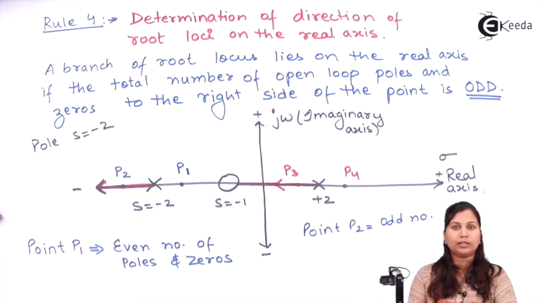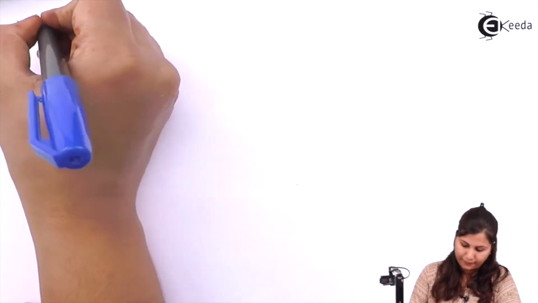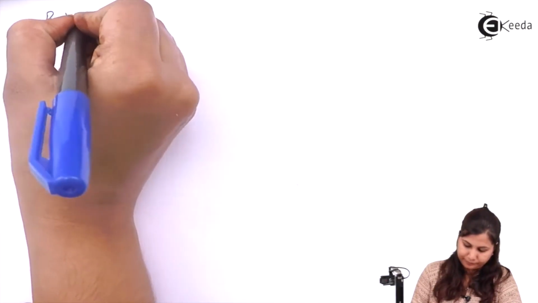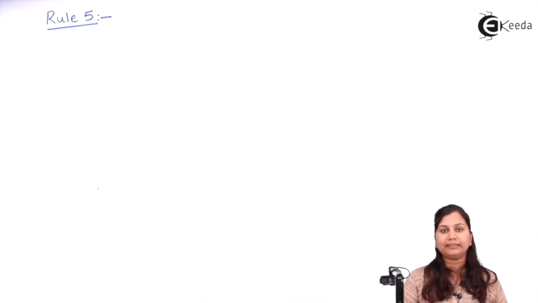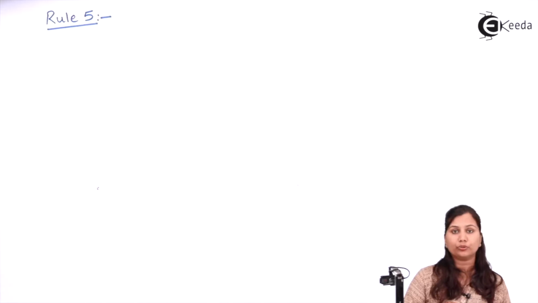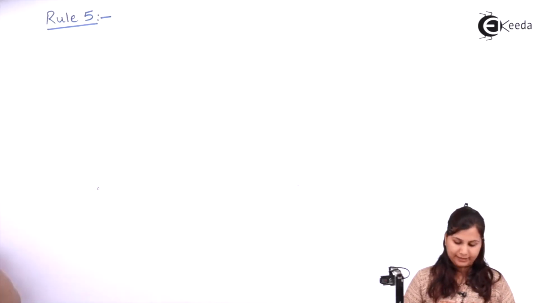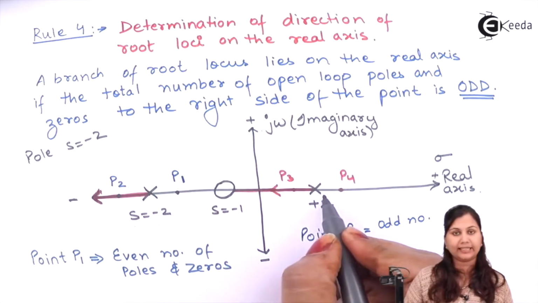Now rule number 5, or step number 5. In step 4, we determined the direction of the root loci on the real axis. Suppose there are two poles on the real axis which are adjacent to each other. In this example, we had a pole, then a 0 and then a pole.